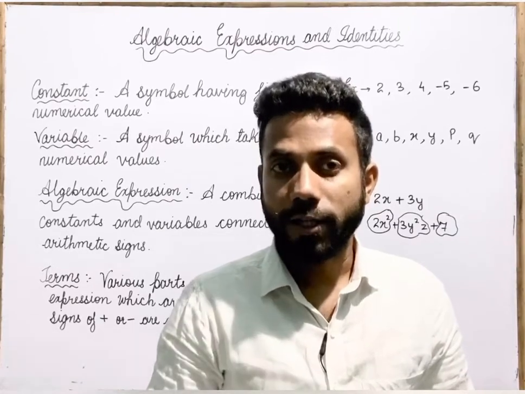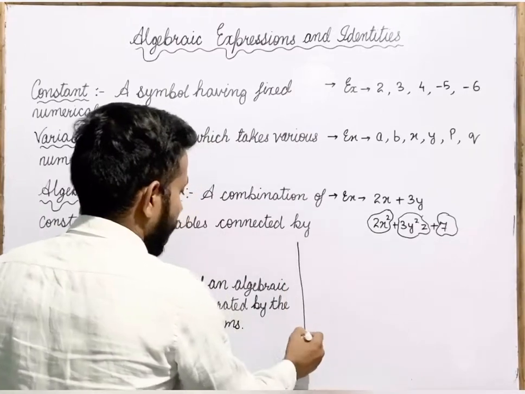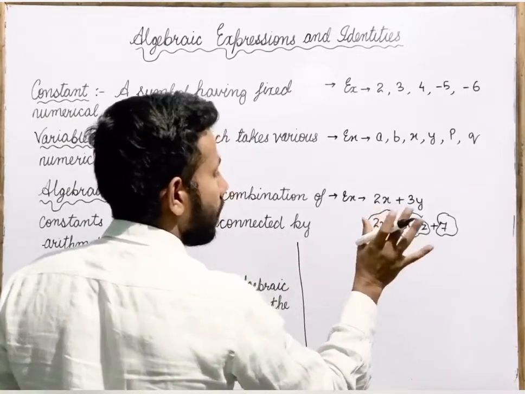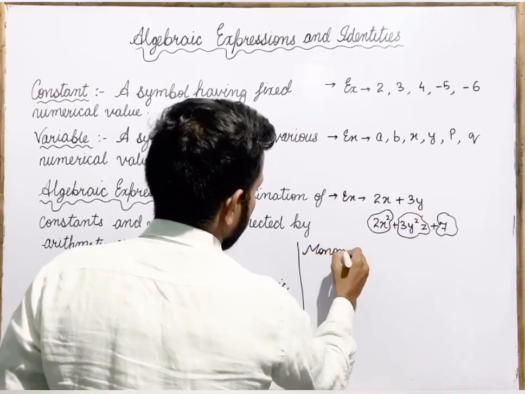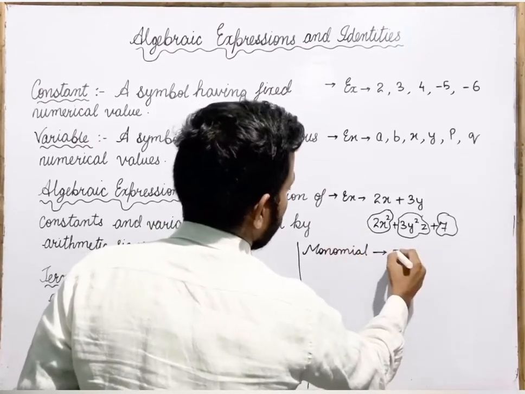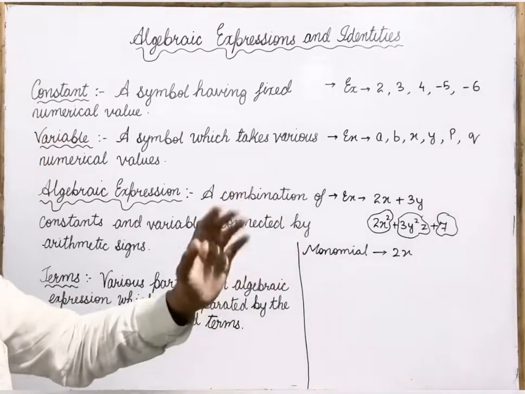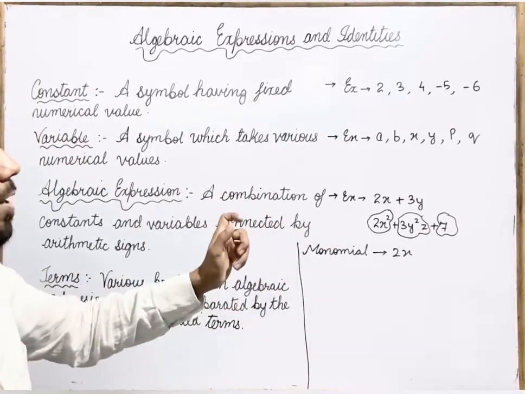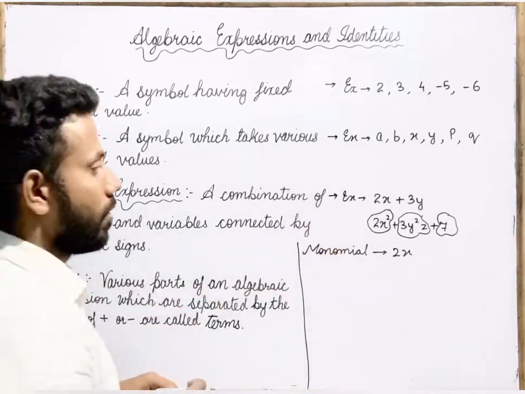For example, if an algebraic expression has only one term, then that is a monomial. Suppose it has the term 2x and no other term other than 2x. So how many terms does it have? Only one. So this is a monomial.